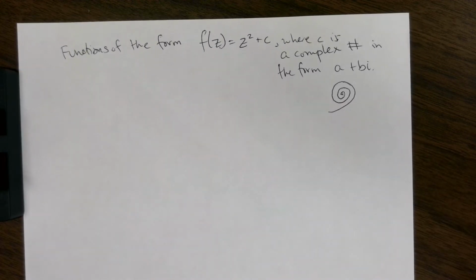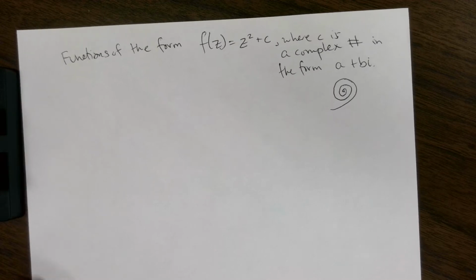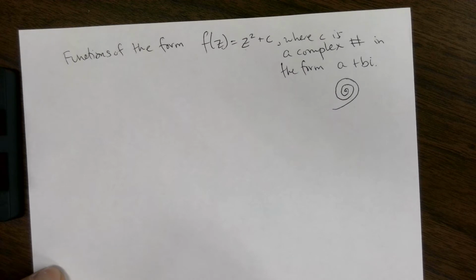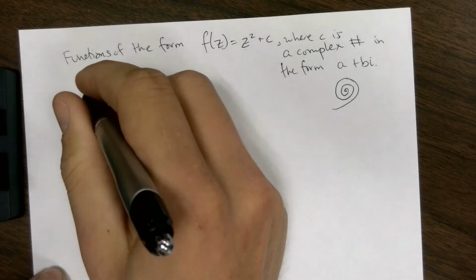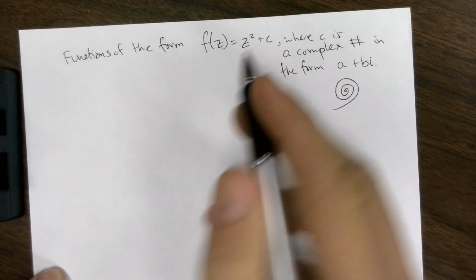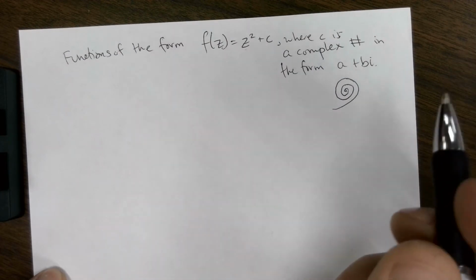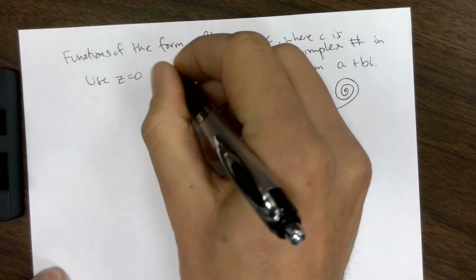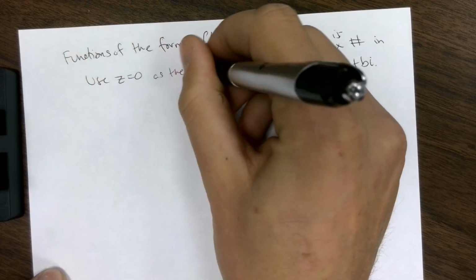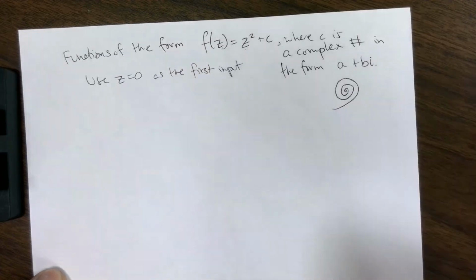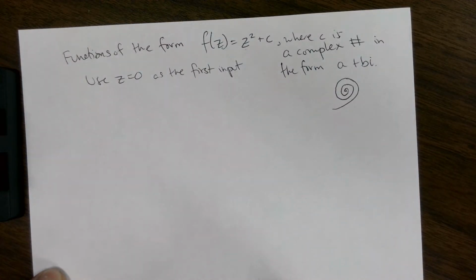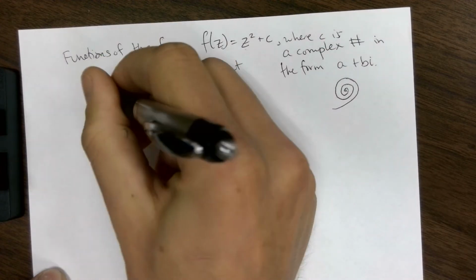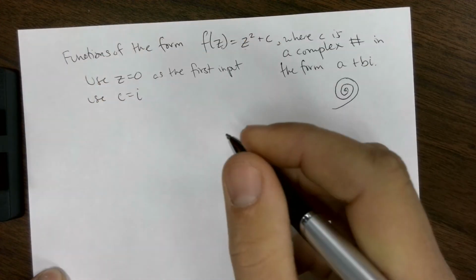Okay, so let's try this with what I was saying, using 0 for z. So I'm going to use the function here, f of z equals z squared plus c. I'm going to use z equals 0 as the first input, and c in this case, so use c equals i.